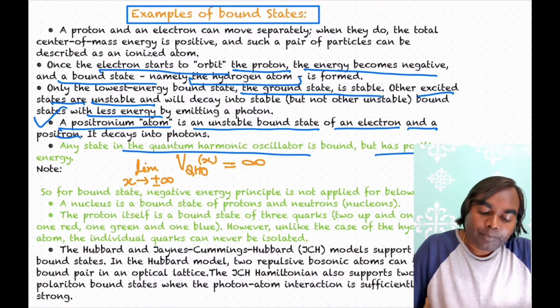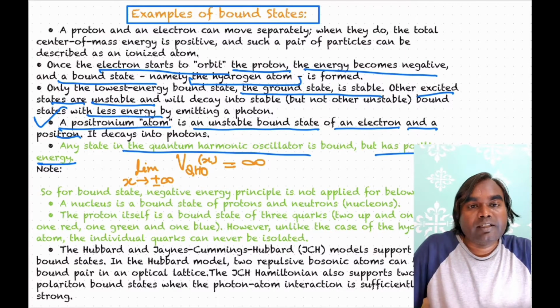Further, it is to be mentioned that any state in the quantum harmonic oscillator is bound but has a positive energy. That means, as x tends to plus or minus infinity, the potential V of x is equal to 0 for the quantum harmonic oscillator.